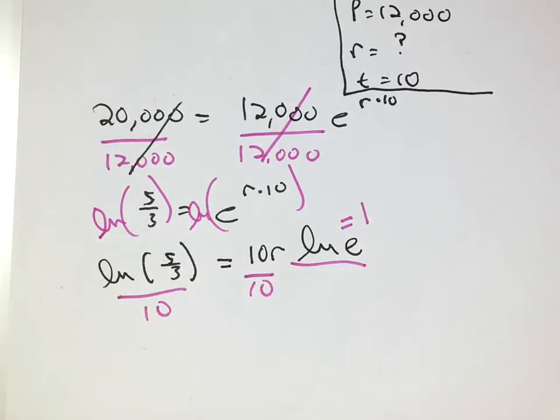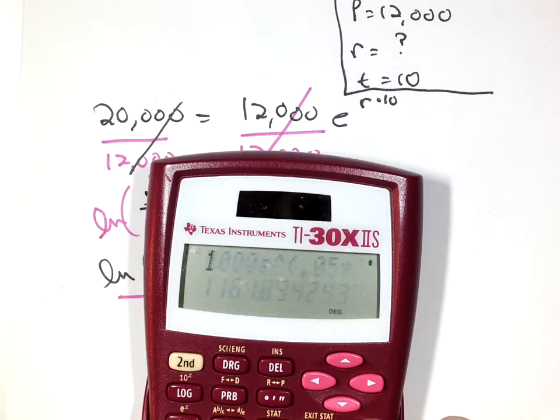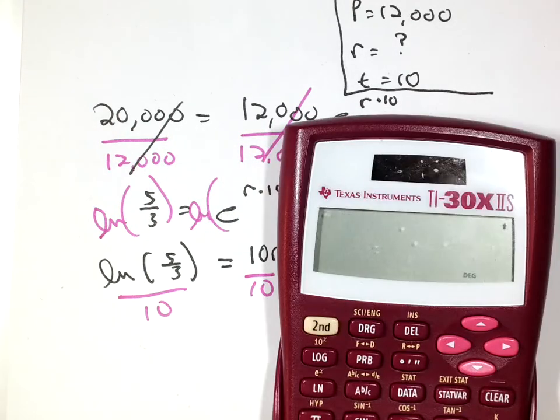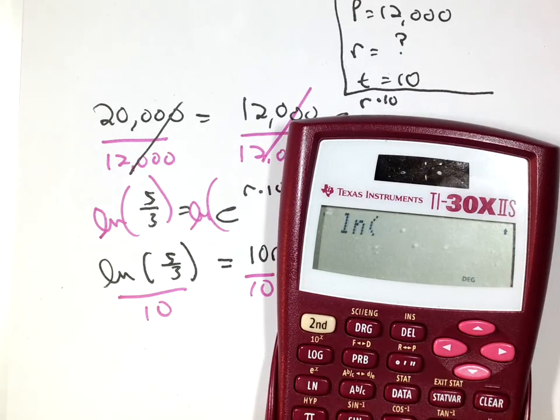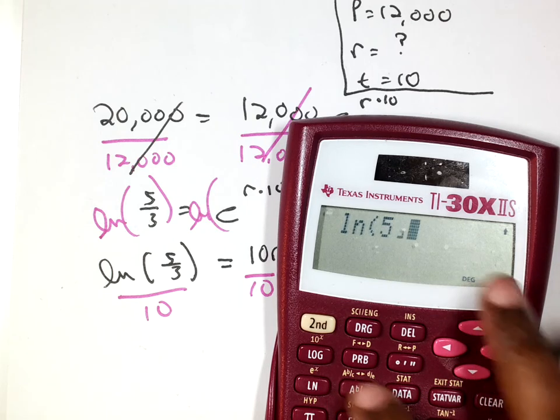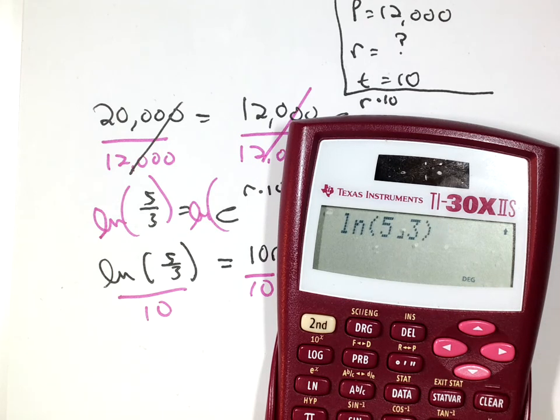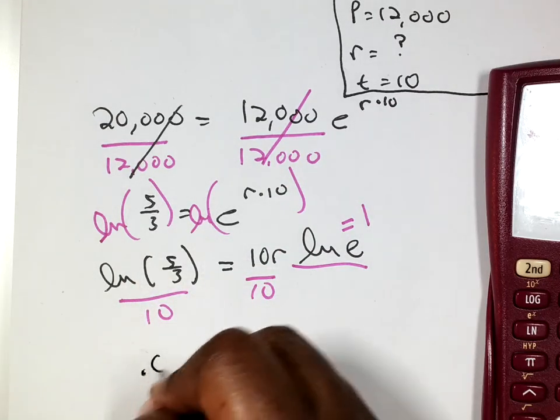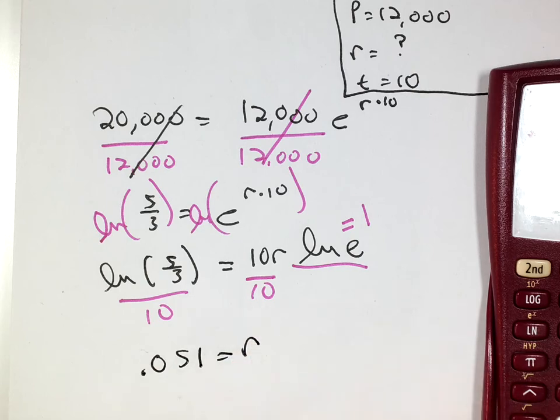So again, I want to plug this into my calculator. I have the natural log, so ln of 5/3. I use the fraction key; you could use the division key. And then divide that by 10. And we get 0.051 is equal to r.